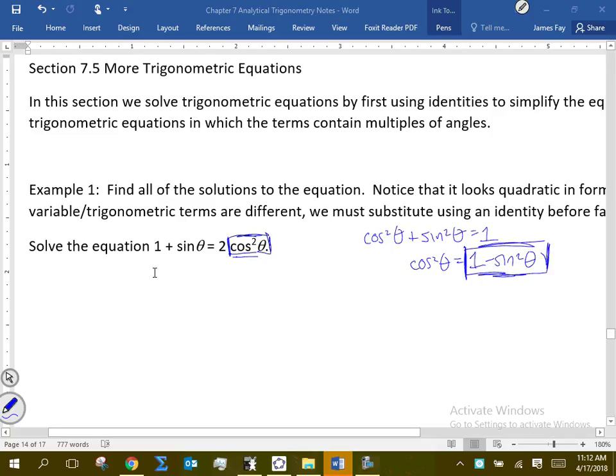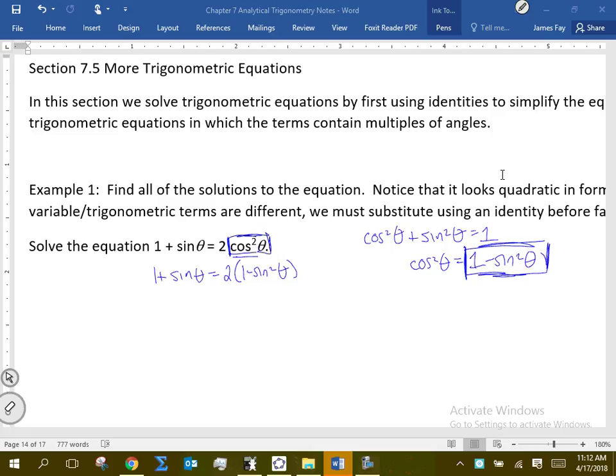And now we'll end up with 1 plus sine theta is equal to 2 times 1 minus sine squared theta. And now the issue of having a sine and a cosine has disappeared.